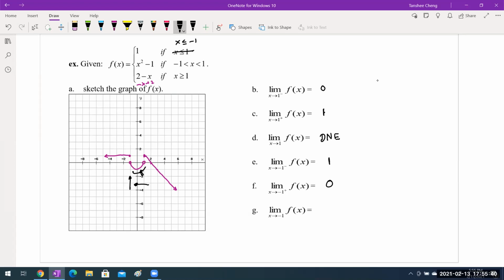Again, the left-hand side limit and right-hand side limit are different. So the limit does not exist in this case as well. So this is an example of graphing the piecewise defined function by yourself and answering all of these questions. And it is definitely a test question, okay?